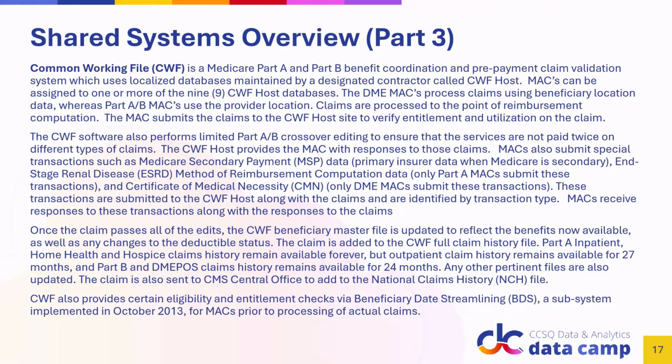Part A inpatient, home health, and hospice claims history remain available forever, but outpatient claim history remains available for 27 months, and Part B and DME claims history remains available in the Common Working File for 24 months. Any other pertinent files are also updated, and the claim is sent to CMS Central Office to add to the National Claims History file. Next slide, please.